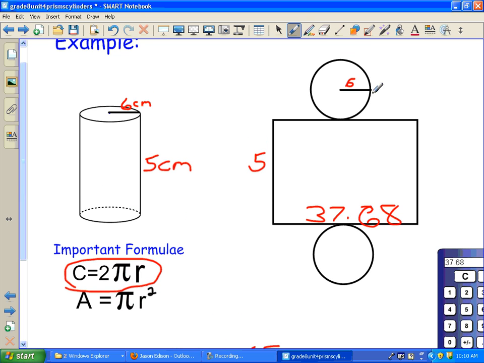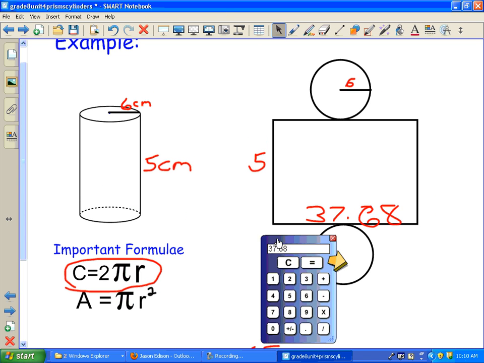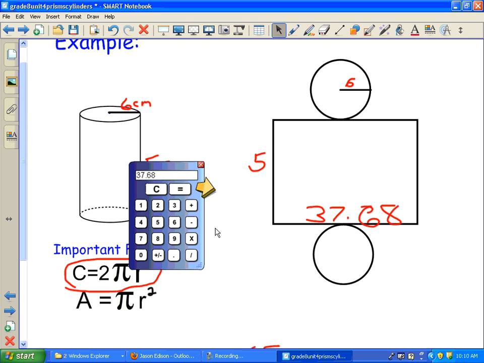Now that we've got the circumference, we've got these two sides. All we have to do is multiply them together to get the area of this rectangle. So 37.68 times 5, and the area is 188.4 centimeters squared, because we're dealing with area.